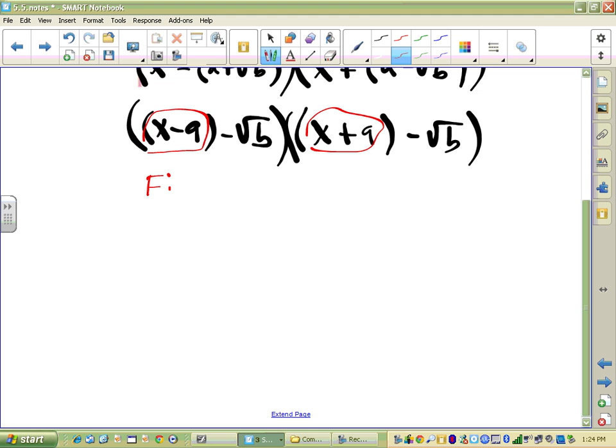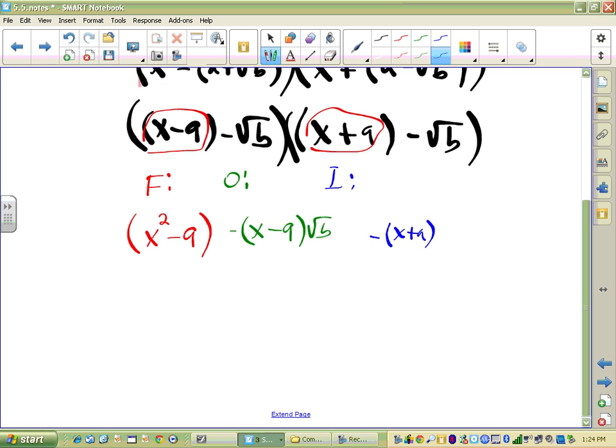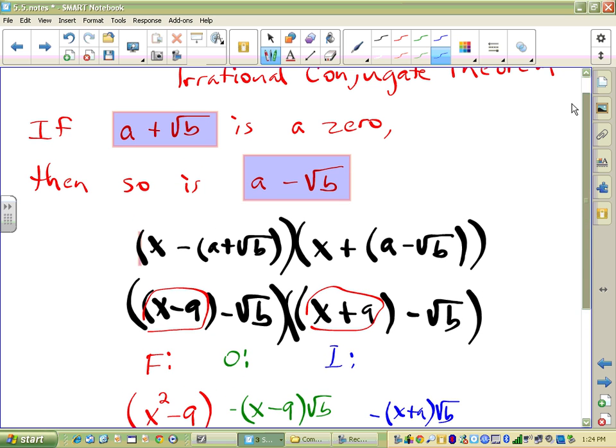That's going to be x squared minus A. And then the outer product would be x minus A, the quantity, times negative rad B. And then the inner part of foiling would be negative x plus A times rad B. And I think I messed a sign up somewhere.